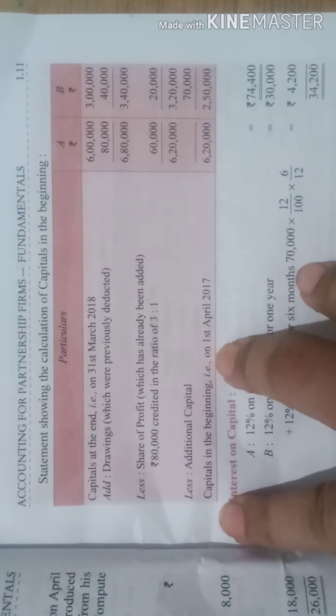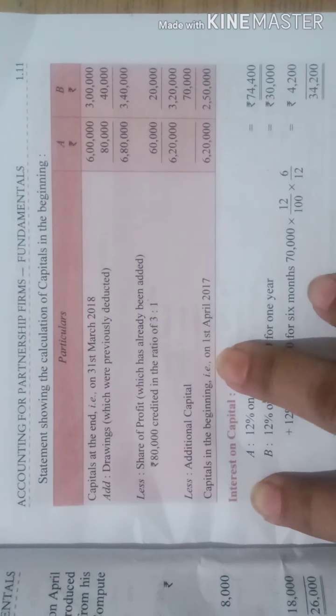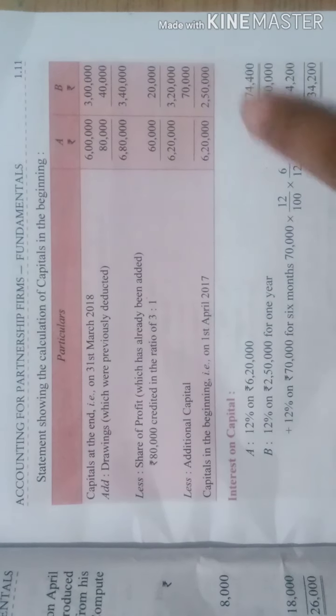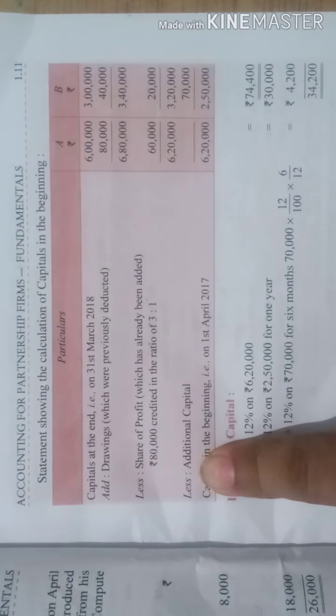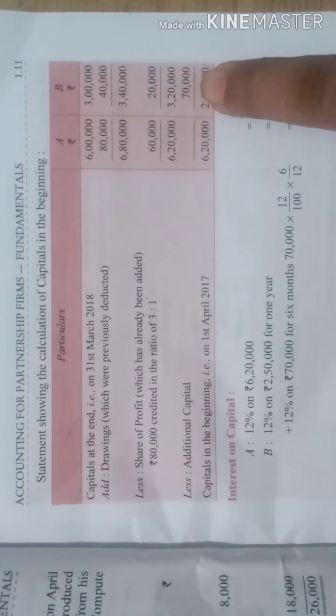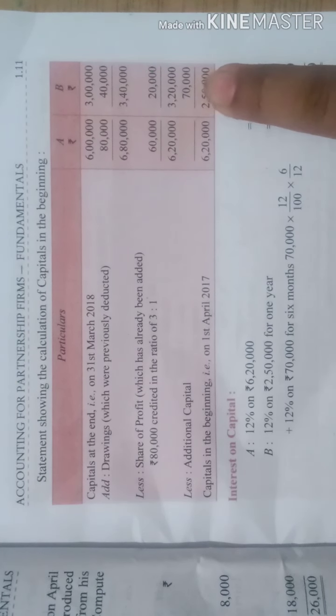When we reduce it, we will get the capital in the beginning of the year. Now additional capital was from one partner only, that is 70,000. So we have reduced it from one partner, that is partner B.